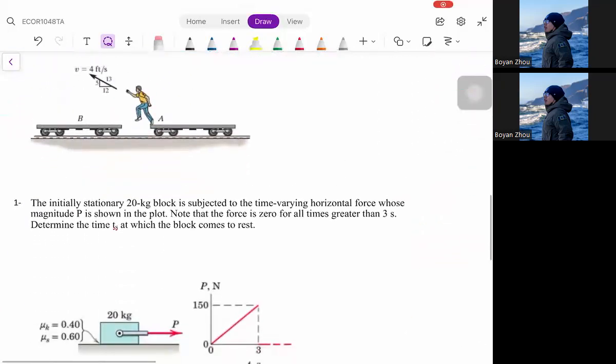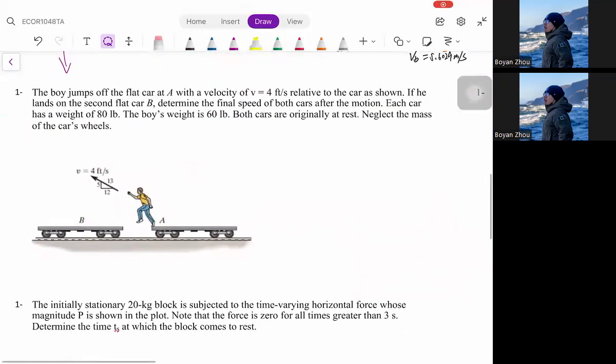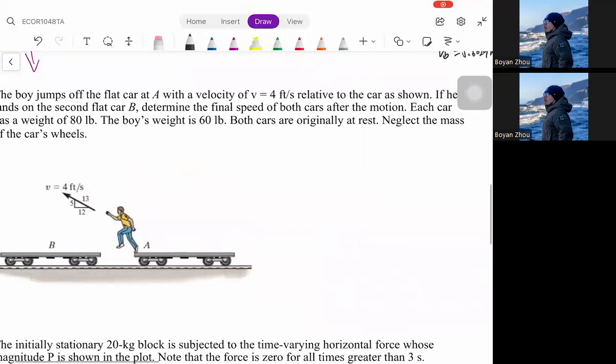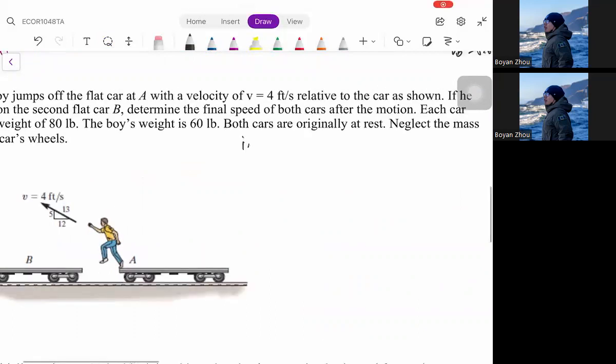The next three questions will all be about the conservation of impulse and momentum.